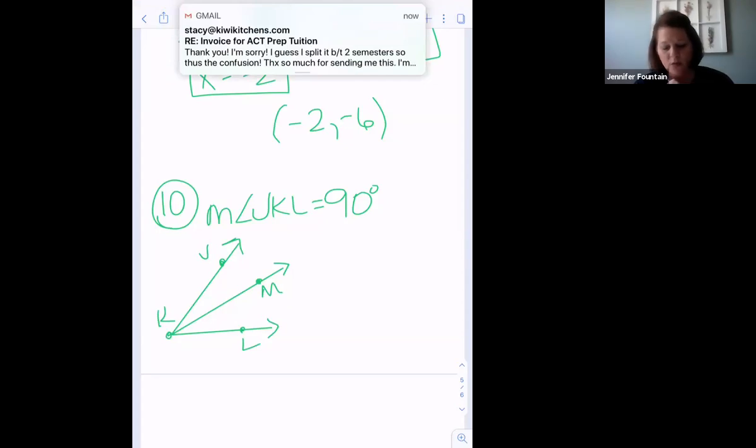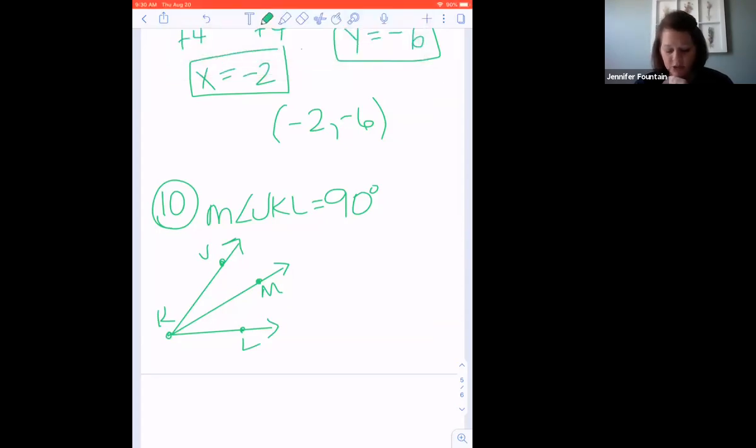We know JKL is 90 degrees, and we're trying to figure out the measure of this one and this one. But KM is a bisector. Remember, bisector means it is dividing it into two equal parts. So I'm going to have 90 divided by 2. And 90 degrees divided by 2 is going to equal what?